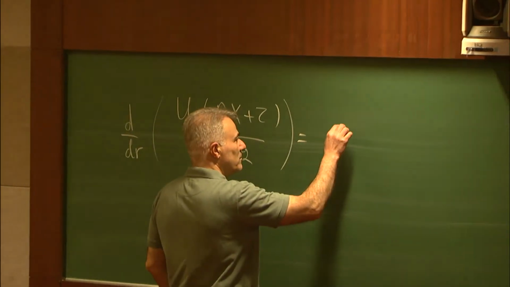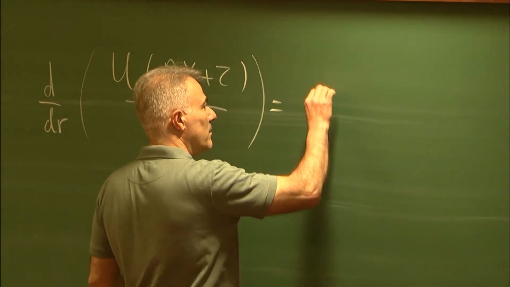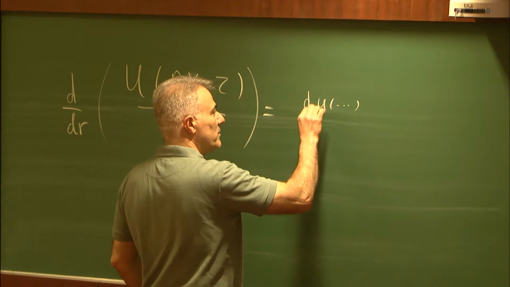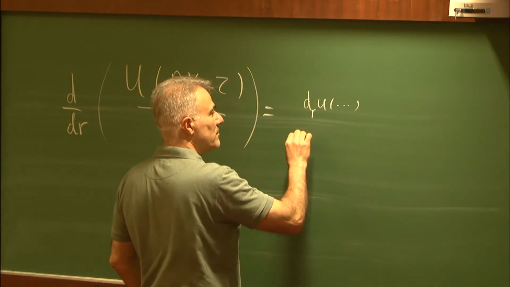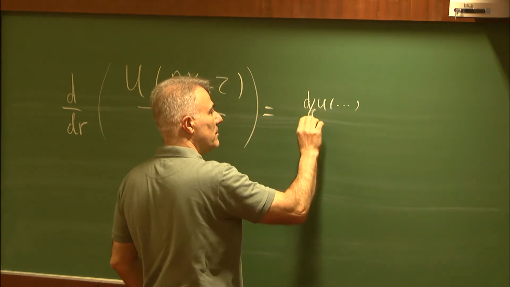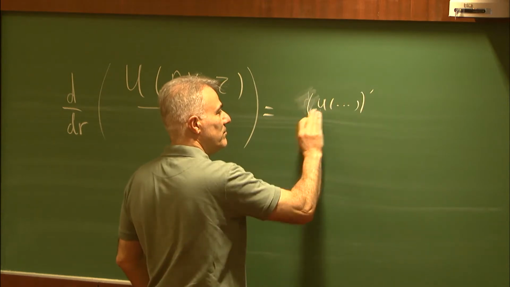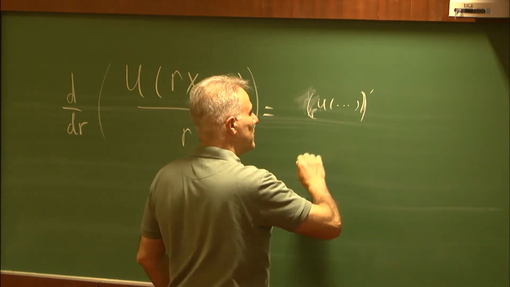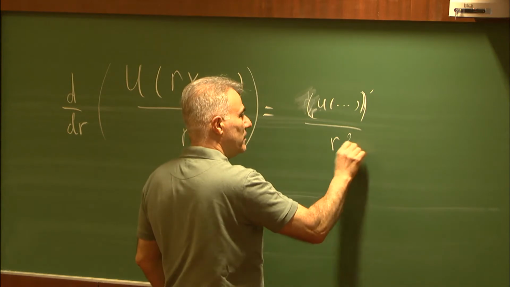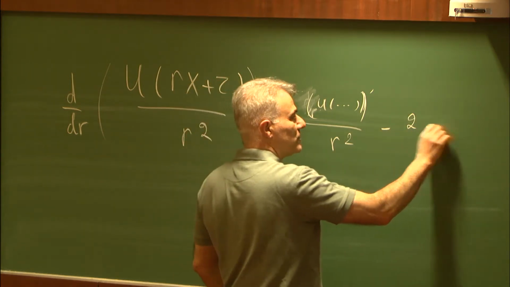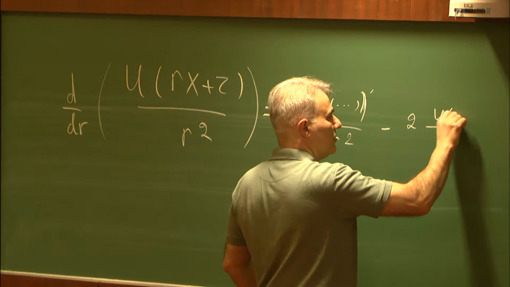So you have the derivative of this guy with respect to r as a triangle, okay, and divided by r squared, and then minus 2 times r to the power 3 and u.